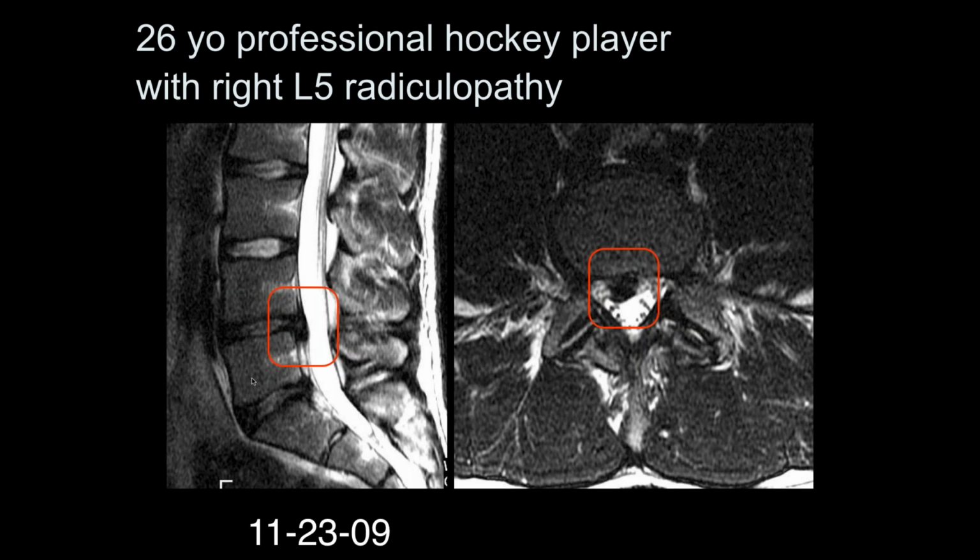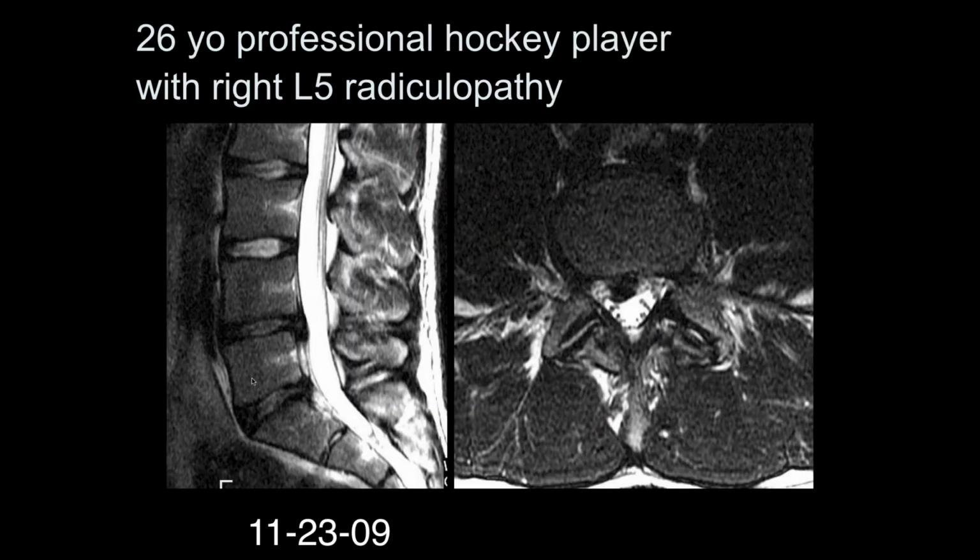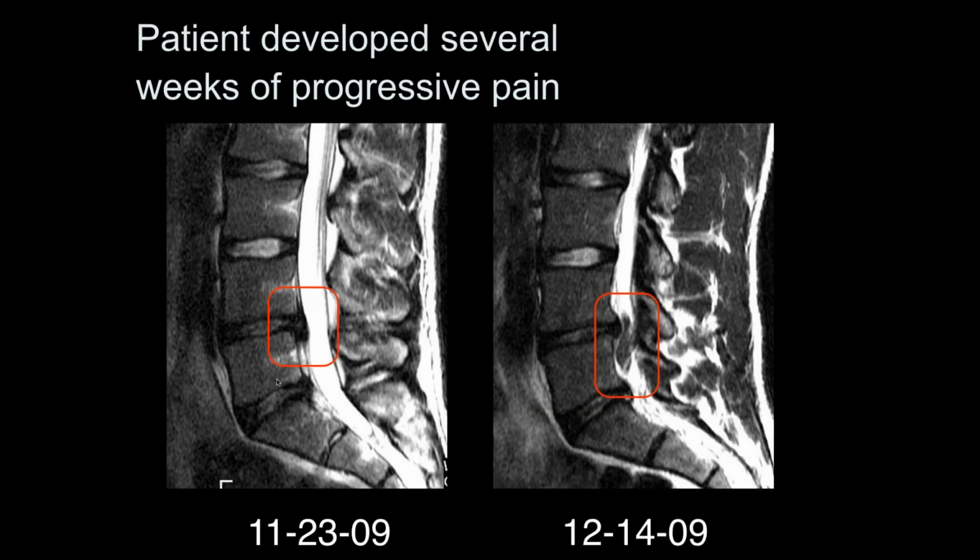He continued to play hockey and came back with severe pain a few weeks later, and this is what the study looked like. What's going on here? So it looks like there was ongoing extrusion, and maybe it's sequestered now. You can debate about whether it's sequestered or not.